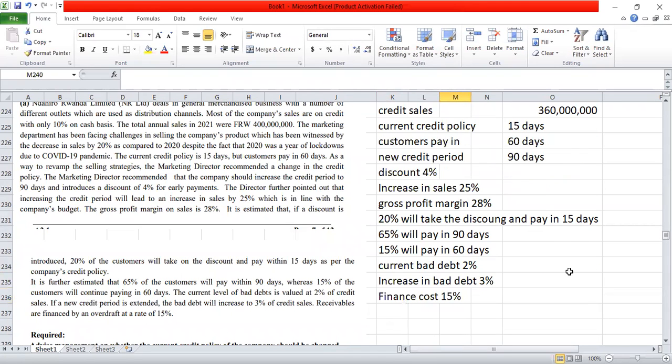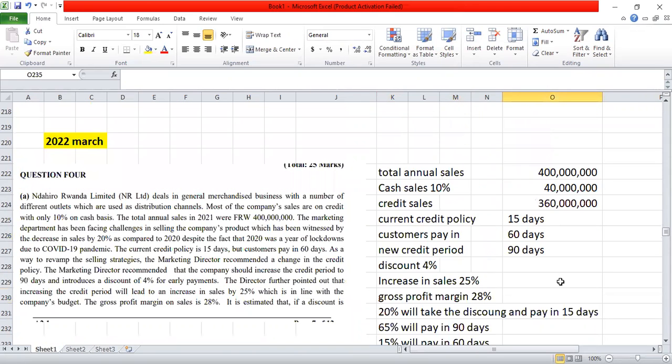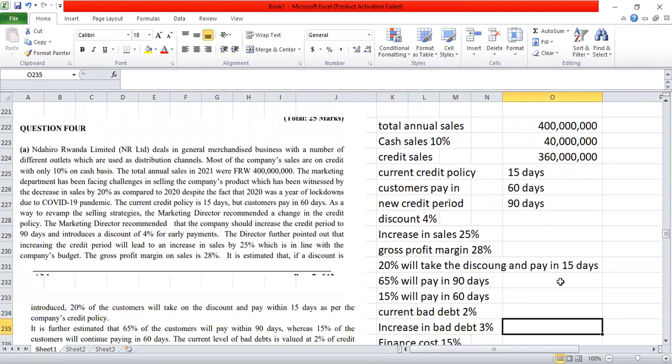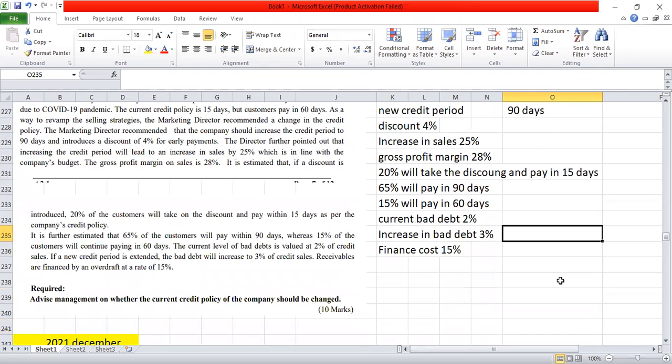The first thing is to look at our increase in sales. This is working number 1.